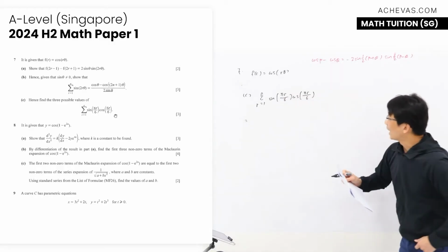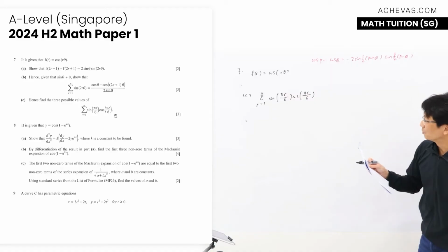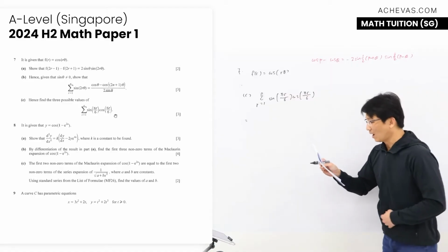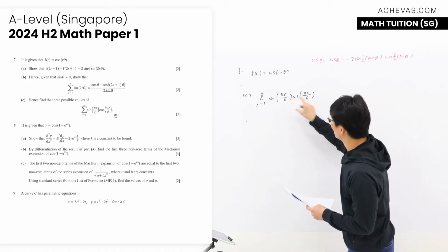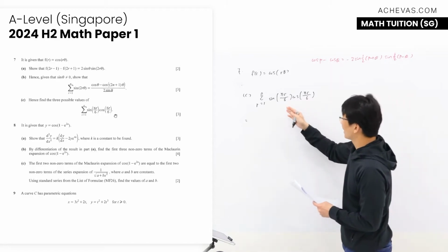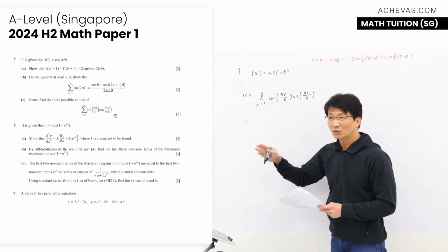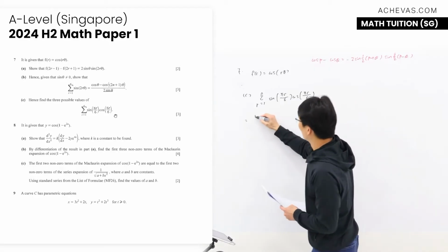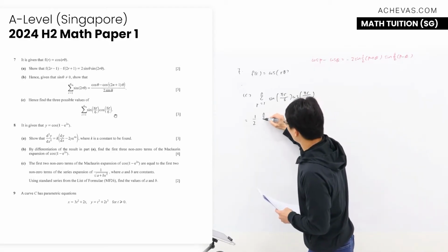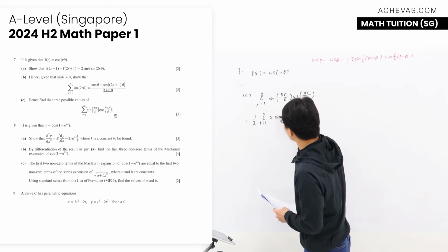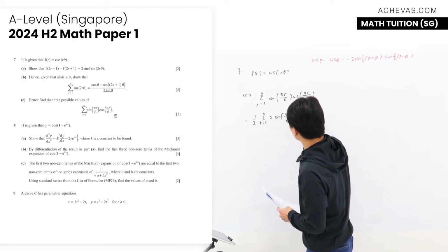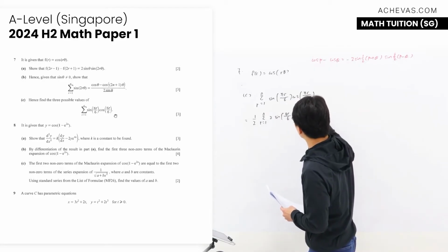I think I'm going to do a bit of improvisation to this term, because this looks like a sine A cosine A. I'm going to rewrite it as a half and put a 2 here so that I can make use of the double angle formula for sine.